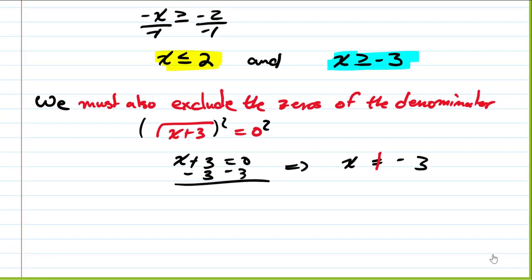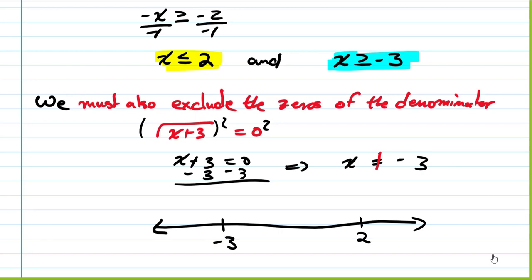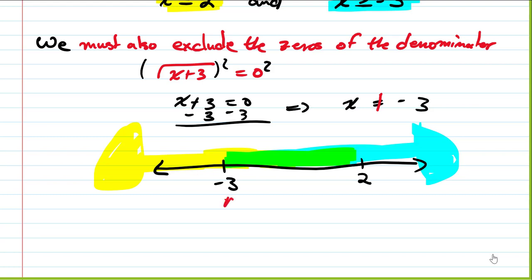To help us visualize that, if we have our number line, we have our negative 3, we have our positive 2, and we have x is less than or equal to positive 2, and we have x is greater than or equal to negative 3. So we shade here. And then we have to exclude x equals negative 3. So that's excluded.